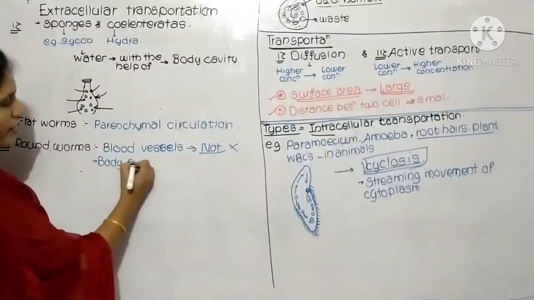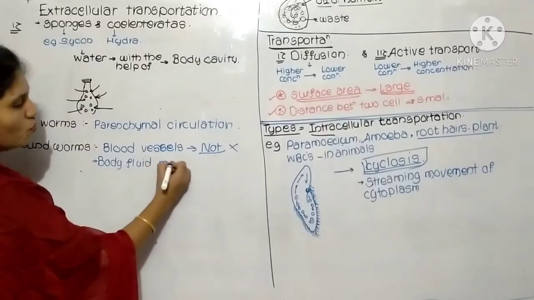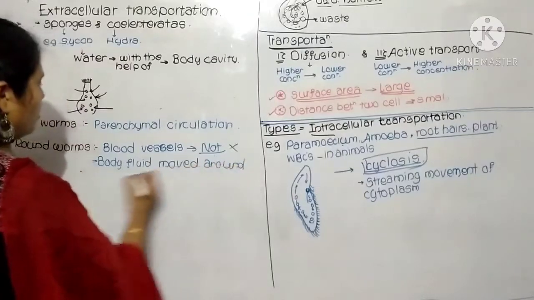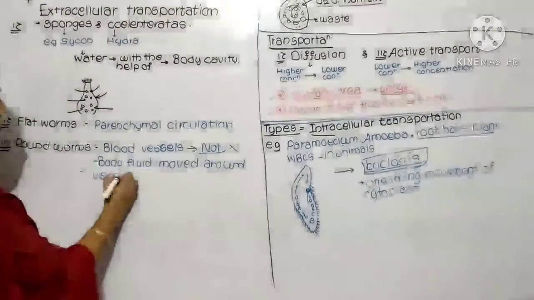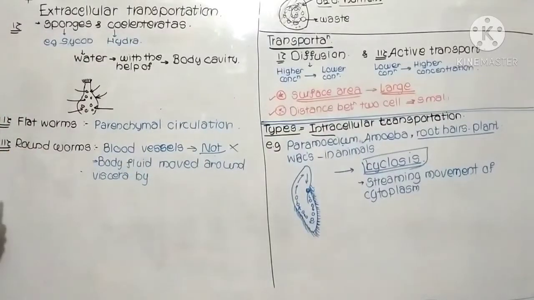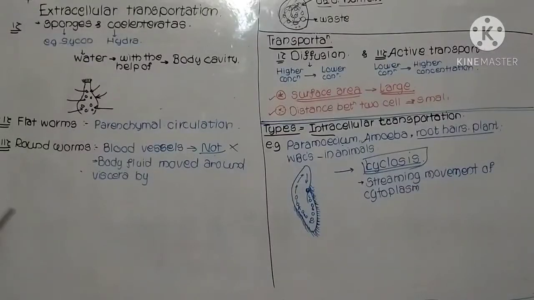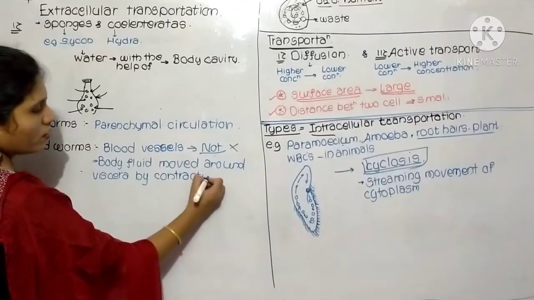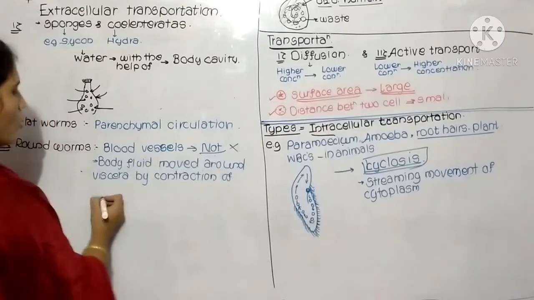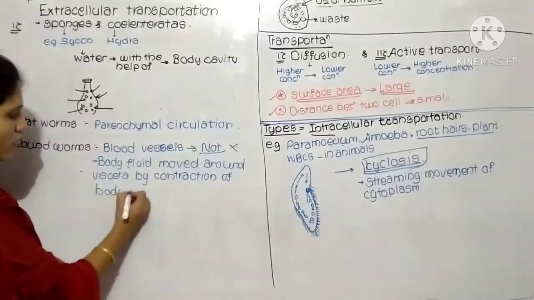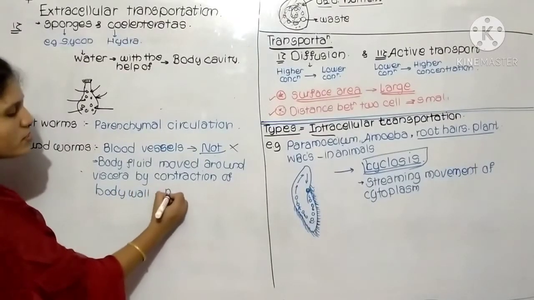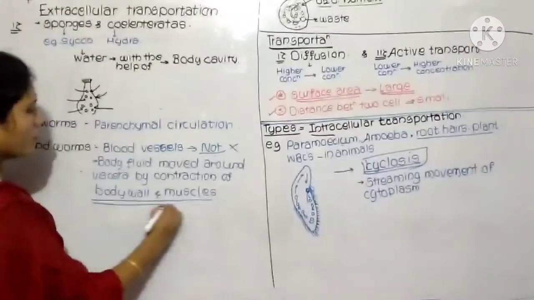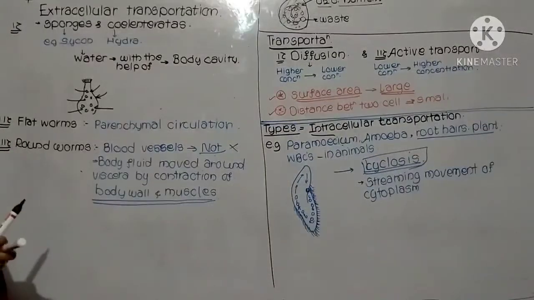This body fluid moves around the viscera by the contraction of the body wall and muscles. This is known as extracellular transportation.